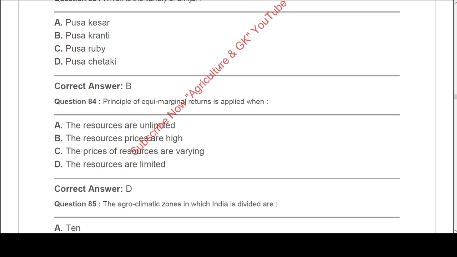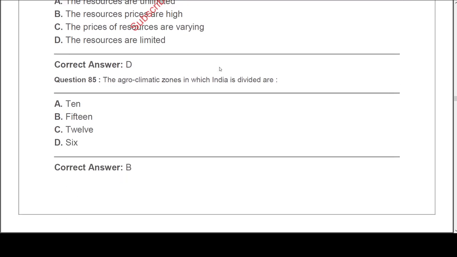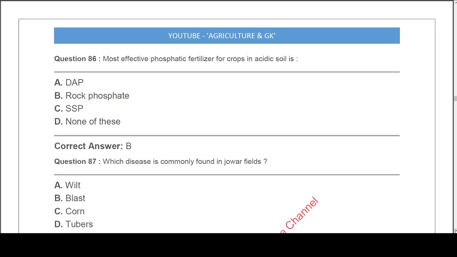The principle of equi-marginal returns is applied when the resources are limited. Option D. The agroclimatic zones in which India is divided are option B, 15. The most effective phosphatic fertilizer for the crops in acidic soil is option B, rock phosphate.